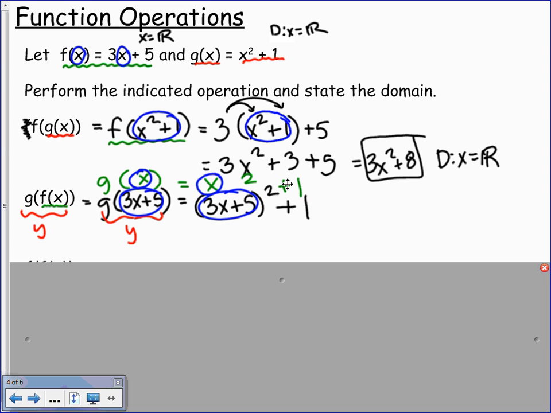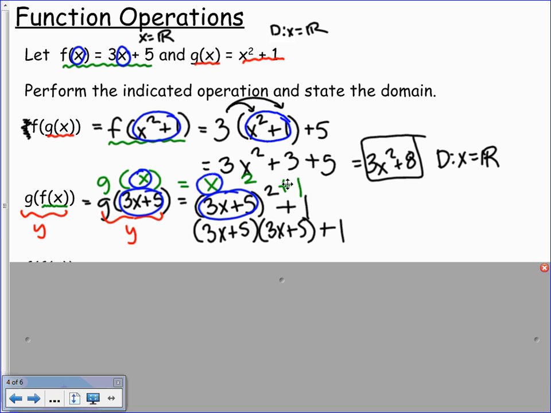Now, what could you do to simplify 3x plus 5 squared? Multiply it by itself. You'd have to FOIL that one out. So this one maybe requires a little bit more work. This is really 3x plus 5 times 3x plus 5, and then, of course, you would still have your plus 1.